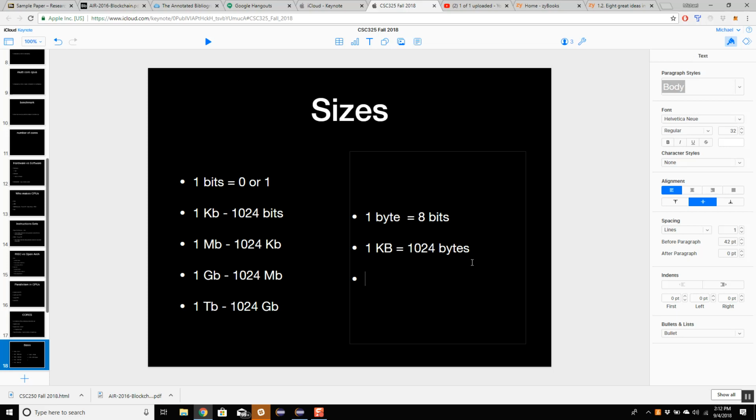What year would that have been? Like 1998, somewhere in that ballpark, let's say. A 1.44 megabit per second internet connection, which was called a T1 line, would have cost something like $30-some thousand a month.